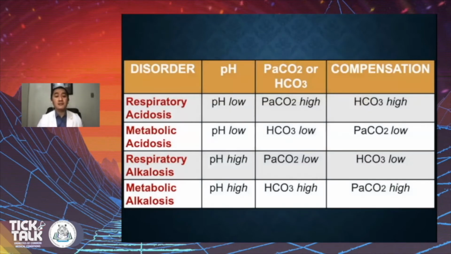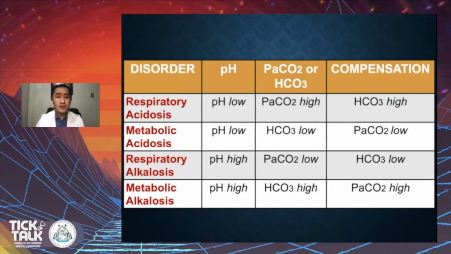This is the outline, or the summary, of the disorders with their corresponding compensatory mechanisms. Let's start with respiratory acidosis. The pH is low because of elevated arterial CO2, so the compensatory mechanism is an elevated bicarbonate level. For metabolic acidosis, the pH is low because the bicarbonate level is low, and as the compensatory mechanism, the arterial CO2 will be low.